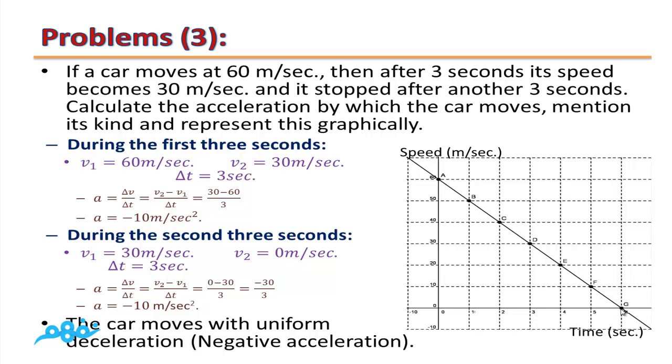After another 3 seconds, which means after 6 seconds, the car stops or the speed is equal to 0. So we can join these 3 points A, D, and G. We will get this straight line, which indicates that as time increases, the speed decreases. This is because this car is moving with negative acceleration.